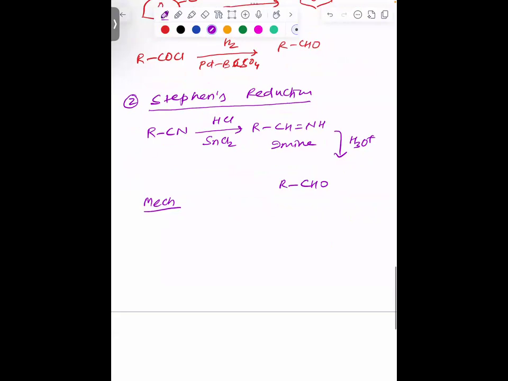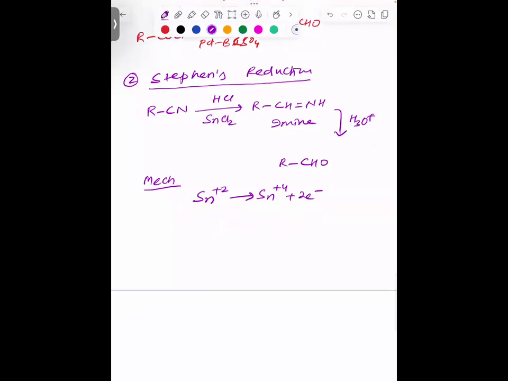First, Sn is present in the +2 oxidation state. So Sn2+ is converted to Sn4+ plus 2 electrons. The 2 electrons released will react with 2H+, the H+ coming from the acid HCl. So that will give 2 hydrogen.